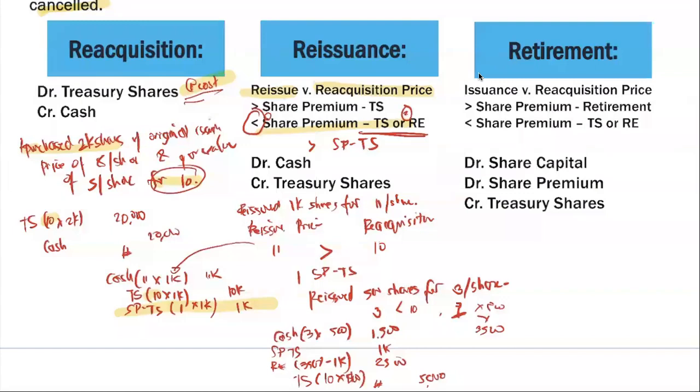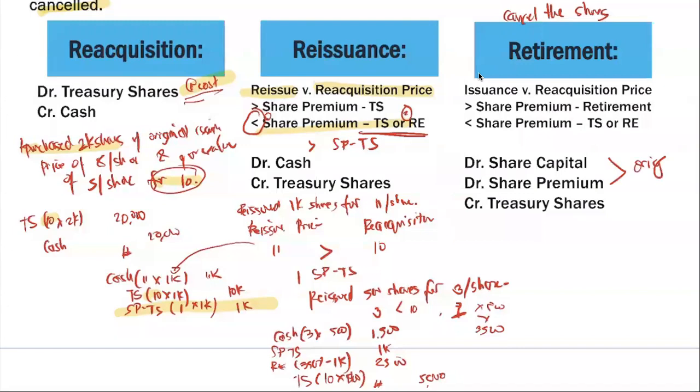We go now to your retirement. So for retirement, in case you want to cancel the shares, we are now canceling the shares. So we compare the issuance versus the reacquisition price. But before that, we need to remove the original issuance, the share capital and share premium, and then we remove the treasury shares.